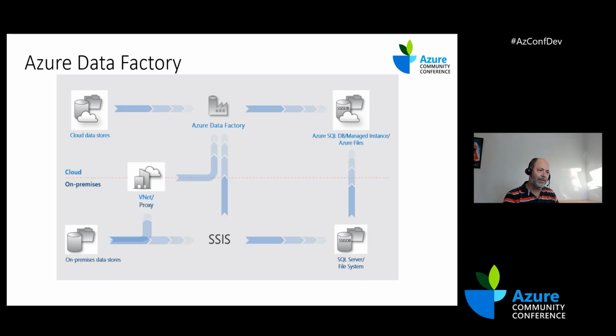There is this concept of a gateway proxy, which is a piece of software that you install, which makes it possible to have access from Azure Data Factory to your on-prem data source, right? So you can publish anything you have, and you can also execute your existing SSIS packages from Azure Data Factory using this technology.